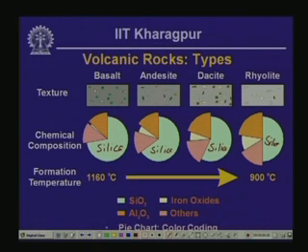So, what we get here actually, as you go towards the right, you have got less mobile magma, whereas in case of smaller silica percentage, you are going to get a magma that is susceptible to flow type features.